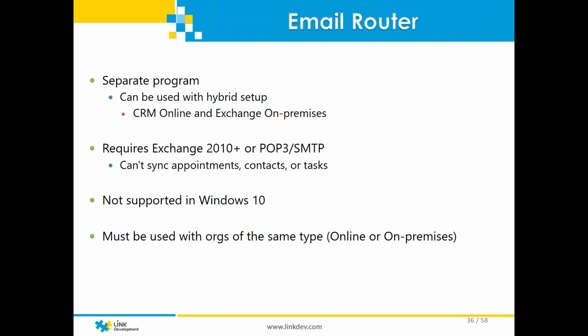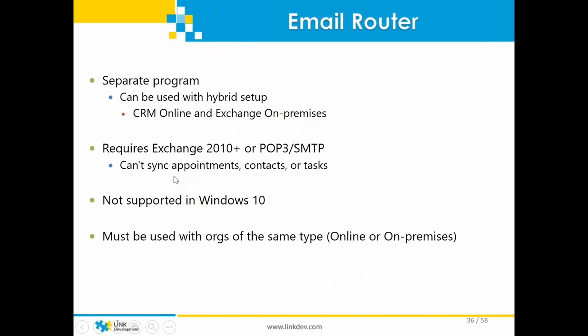If there are, it downloads them and then adds them to CRM. Also it checks CRM if there are new messages that need to be sent. It downloads them and then sends them. So it's just a middleman or a proxy, if you will.